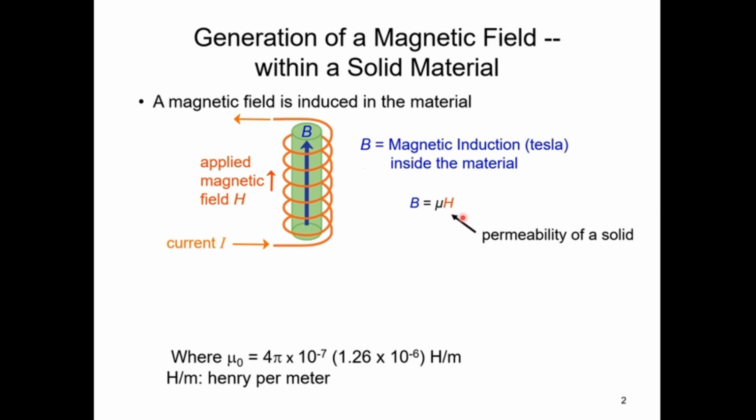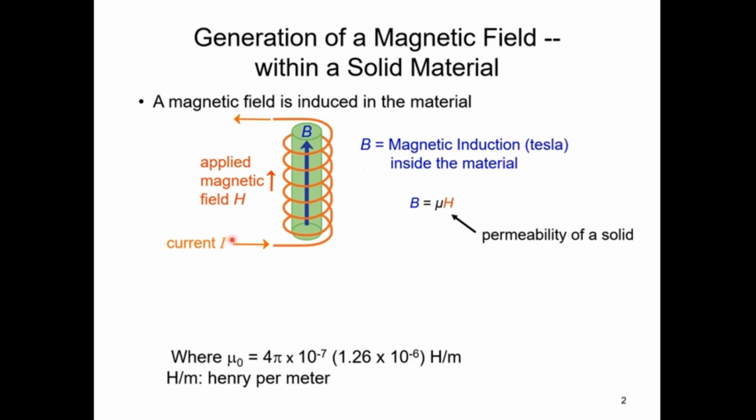The magnetic flux density, also known as B, or magnetic induction inside the material, can be calculated by using this equation. This magnetic induction inside the material is always in the unit of Tesla.